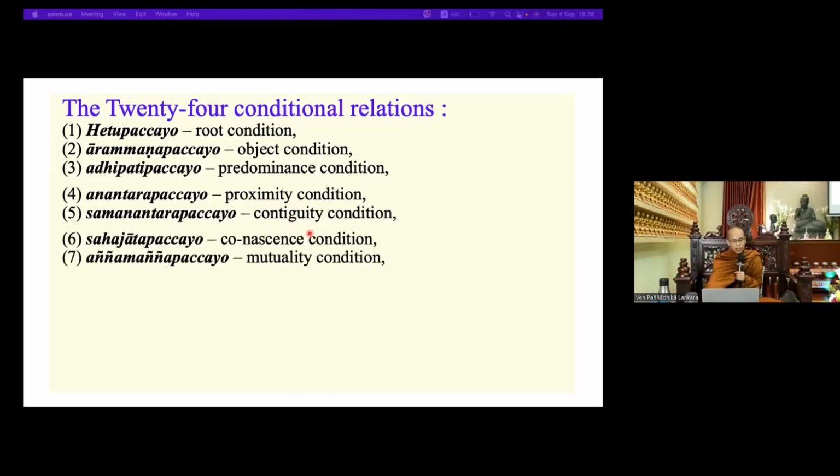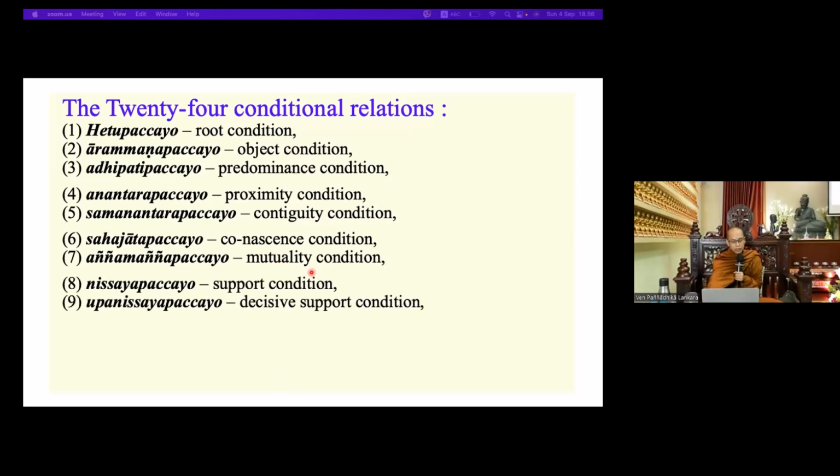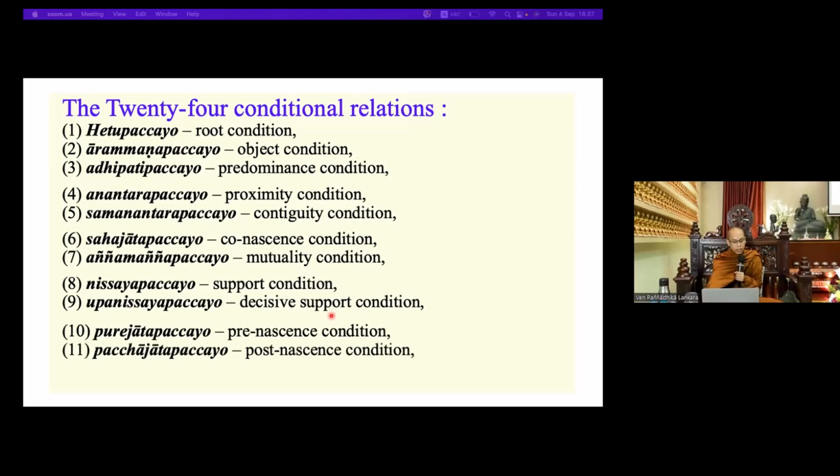Sahajata, connaissance condition, and Anyamanya, mutuality, they are also very close. And Nisaya, support condition, and decisive support condition, Upanisaya. Then Purijata, Pachajata, pre-nascent and post-nascent, so arising formerly and arising later.